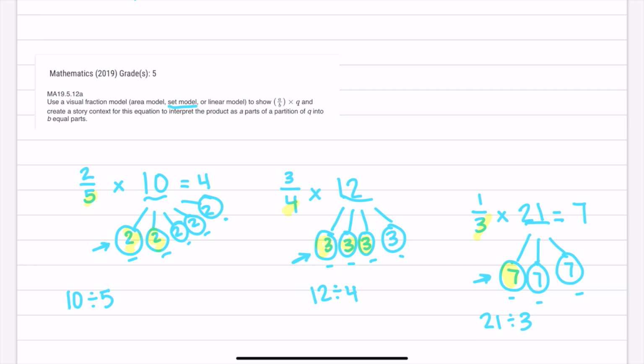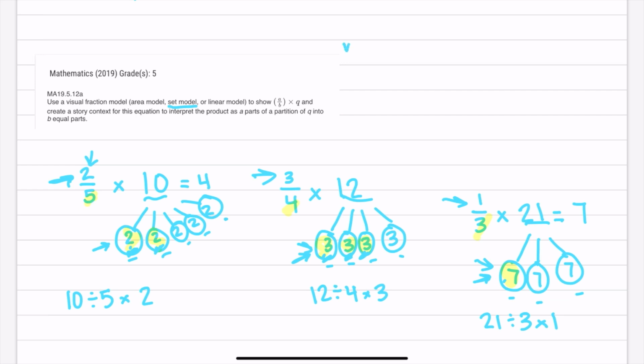So in each situation, we can see that the quotient of the whole number and denominator is going to be multiplied by a specific number. And that number is going to be the same as our numerator.